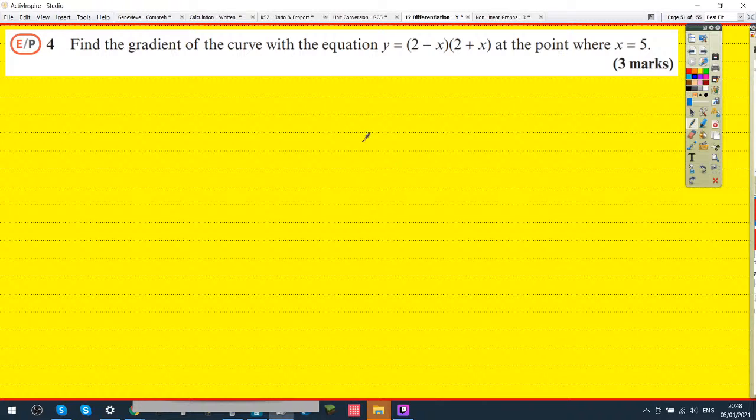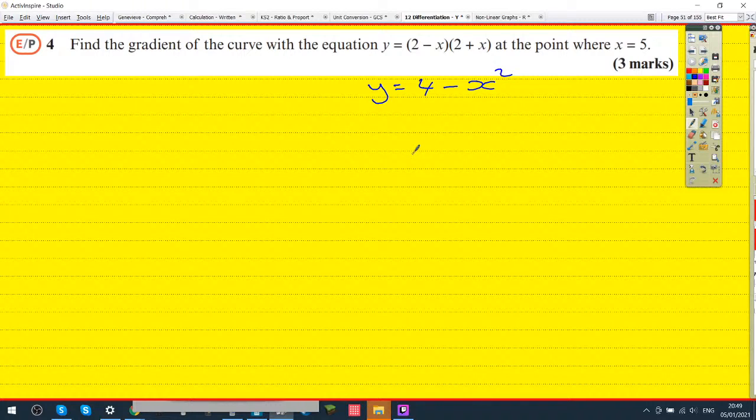Expand. So it'll be 4 minus x squared. Pardon? 4 minus 2x minus another 2x. No, you're right. It is exactly 4 minus x squared. Yep.